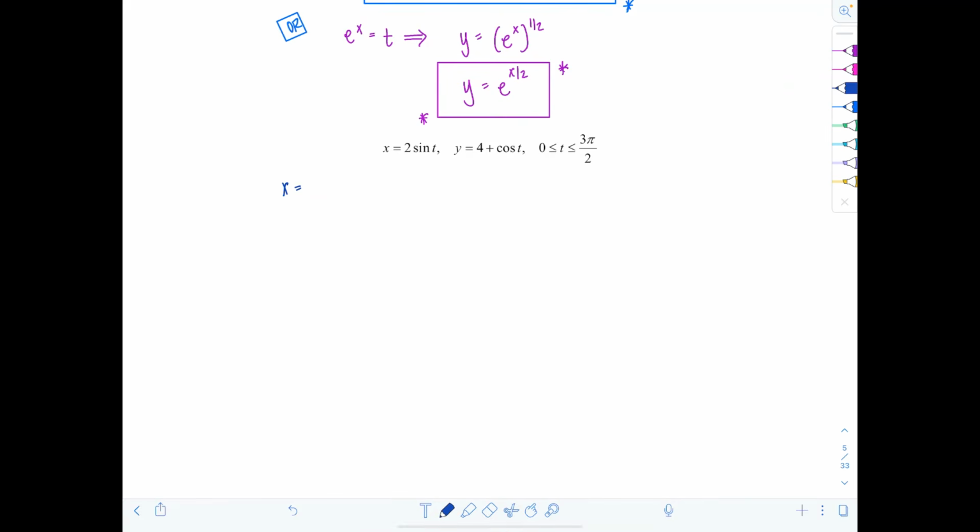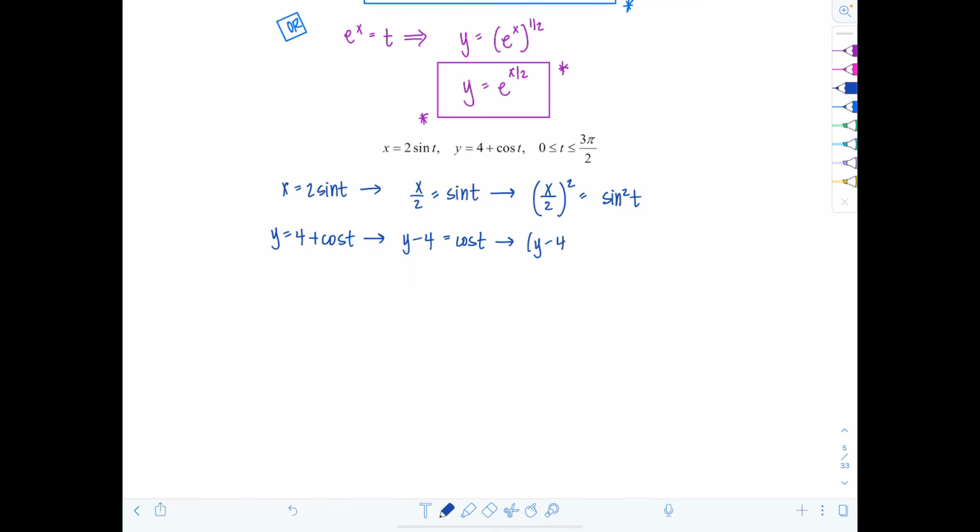So since x equals 2 sine t, that means x divided by 2 is sine t, which means x divided by 2 squared is sine squared t. And also, since y equals 4 plus cosine t, then y minus 4 equals cosine t.